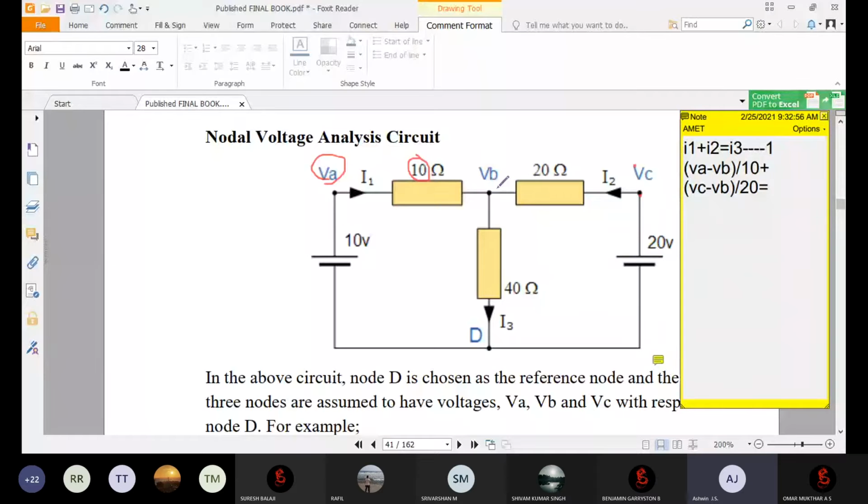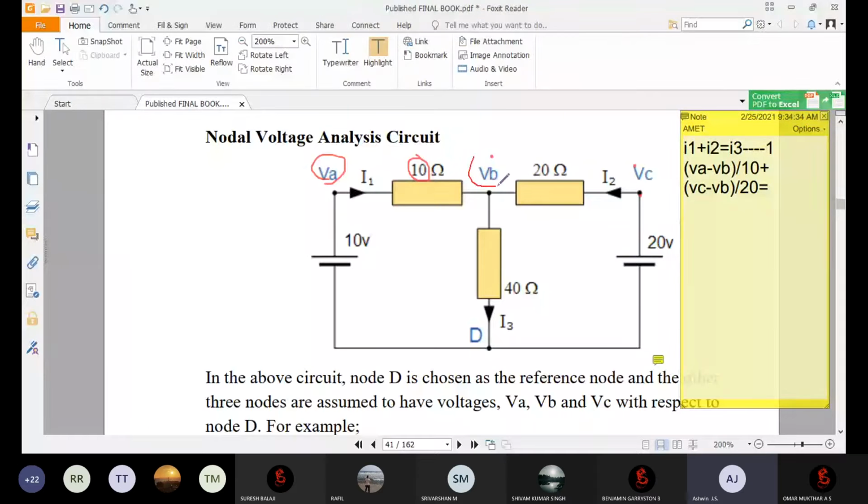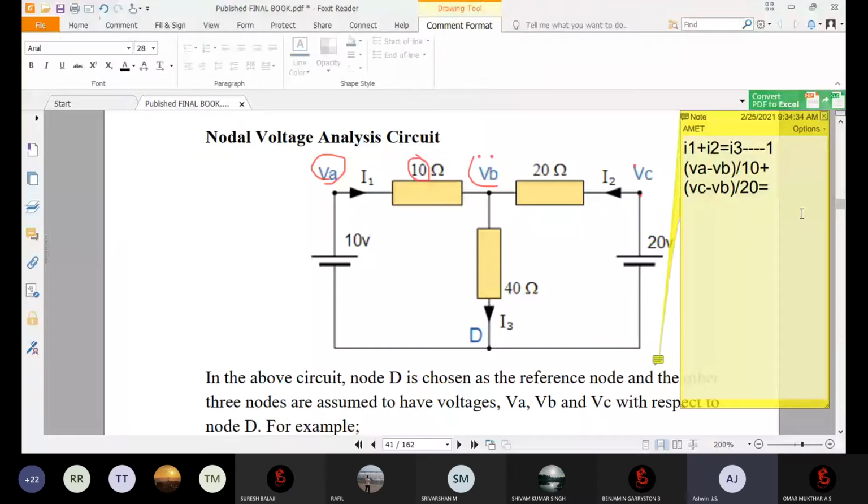Here we have only one voltage, so VB by 40, VB divided by 40. So this is the equation.